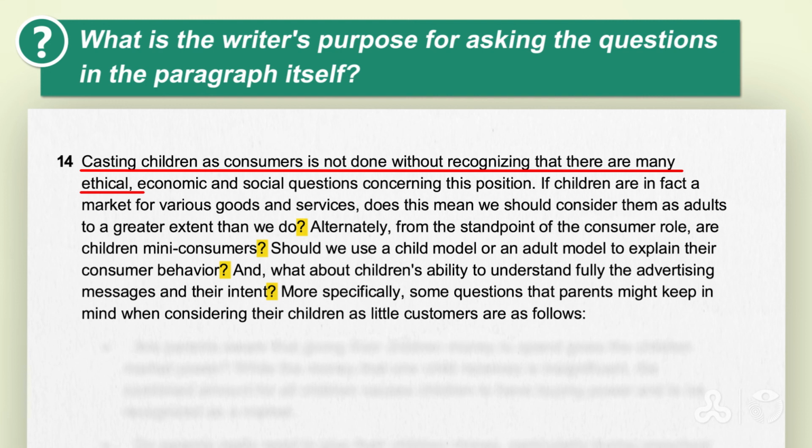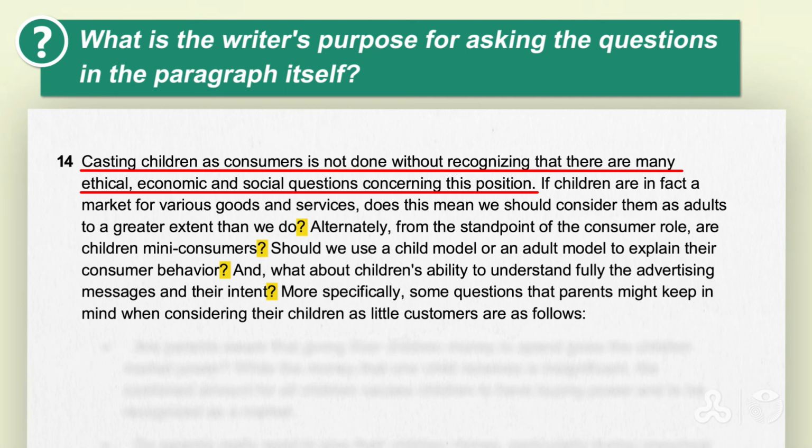So let's look at the sentence before all of the questions. Okay, so it says here, casting children or putting children as consumers is not done without recognizing that there are many ethical, economic, and social questions concerning this position.